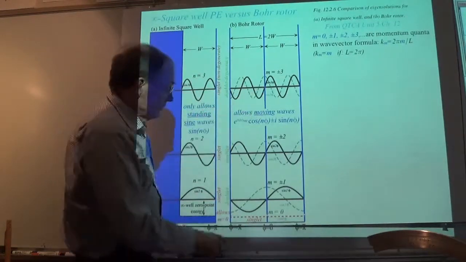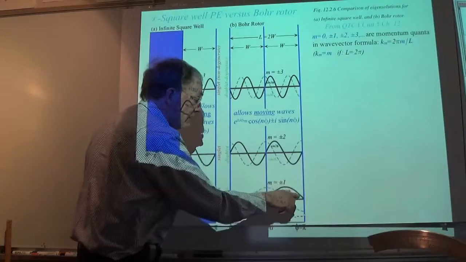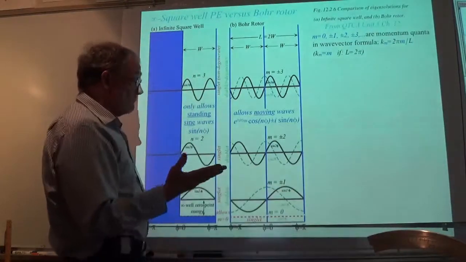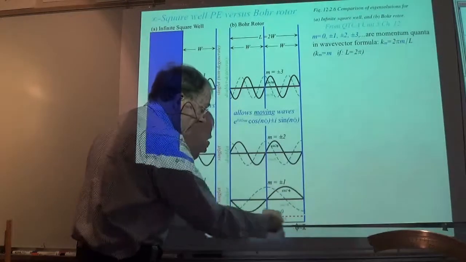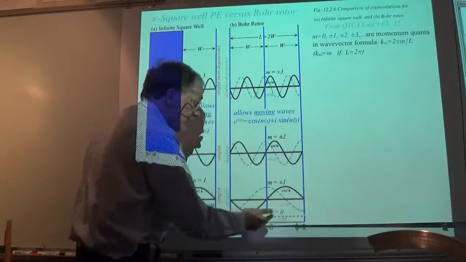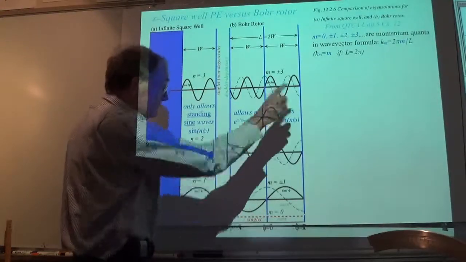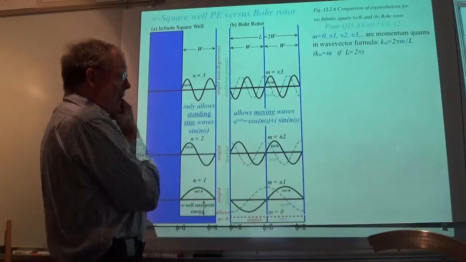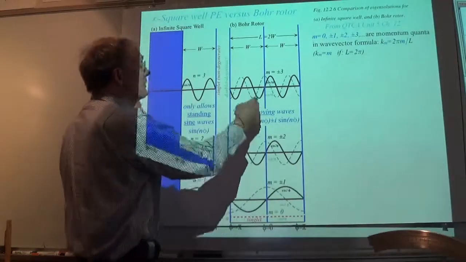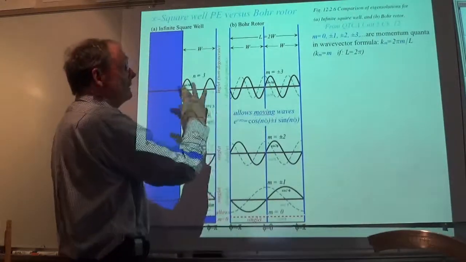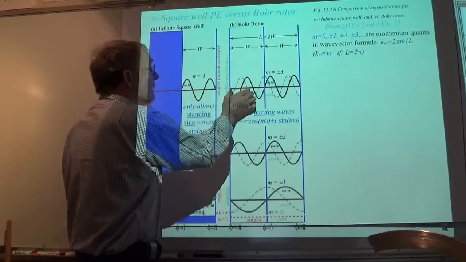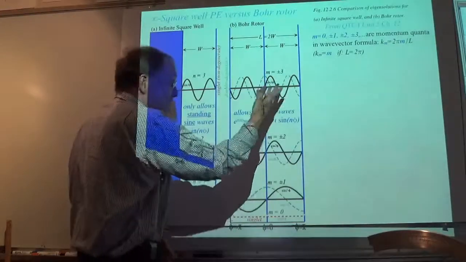There I have, starting with sine of 1 times the angle or coordinate phi, and we are thinking of angles, as I'll point out in a minute here. Sine of 2 times phi, sine of 3 times phi. You see, here are 3 whole waves on a ring.